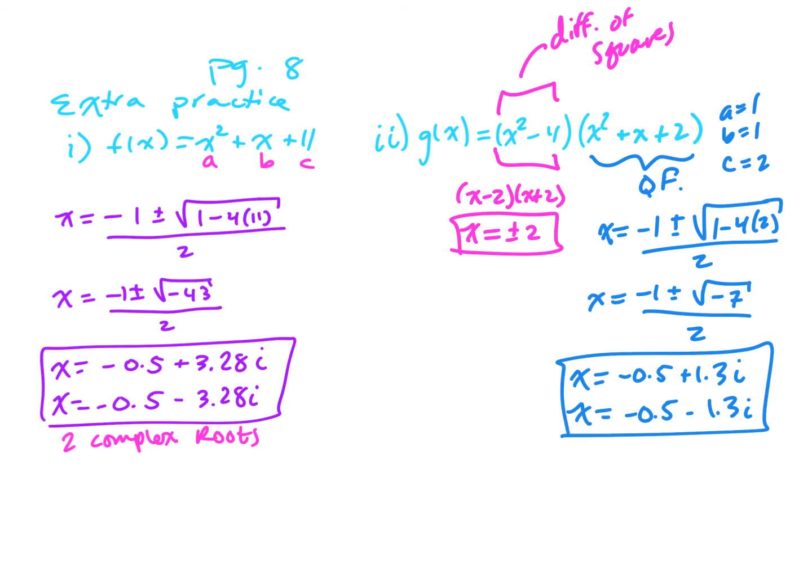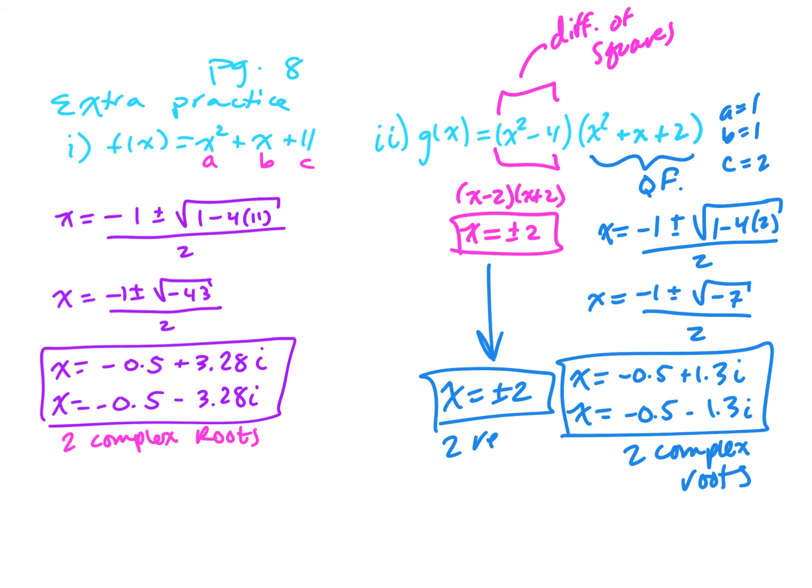So I have 2 complex roots. And I have 2 real roots. So here I have 4 total because it's a 4th degree. See how that works? It's brilliant.